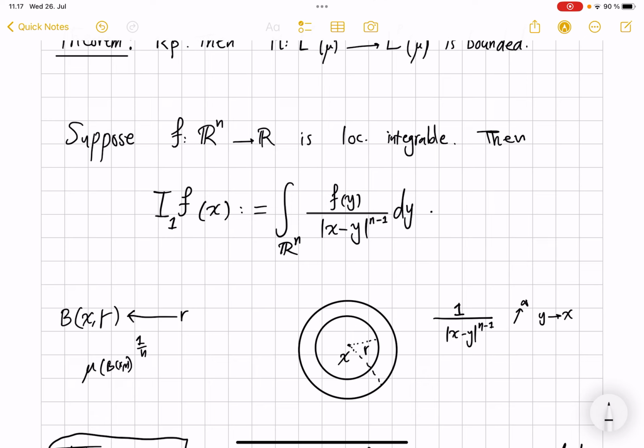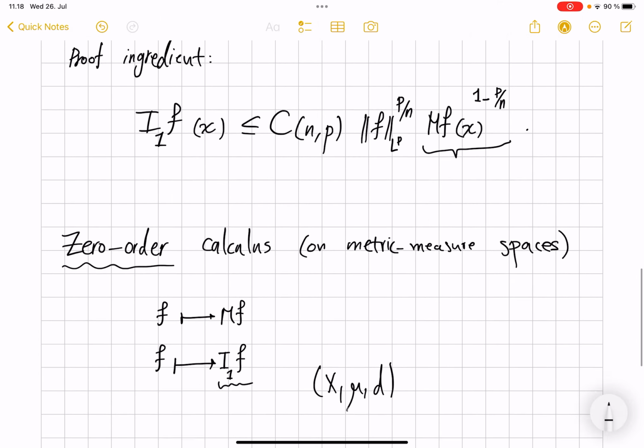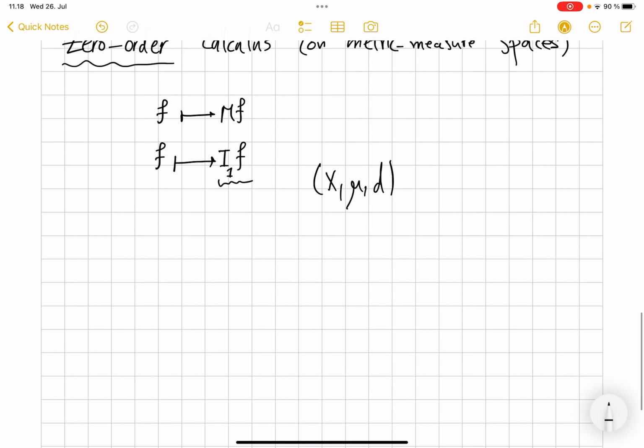In a Euclidean space, they become the same. But when you generalize to a metric space, is the r here really the radius or the measure to a certain power?